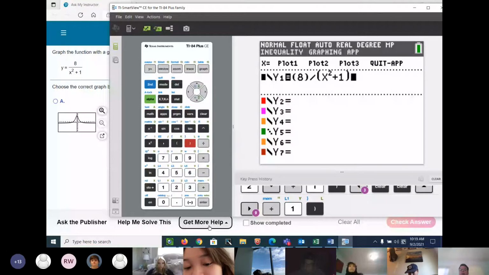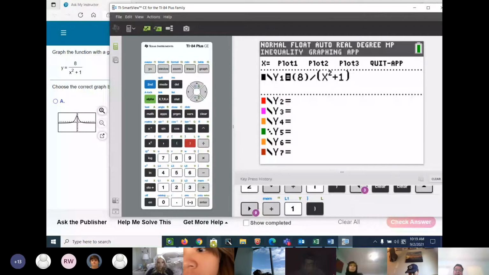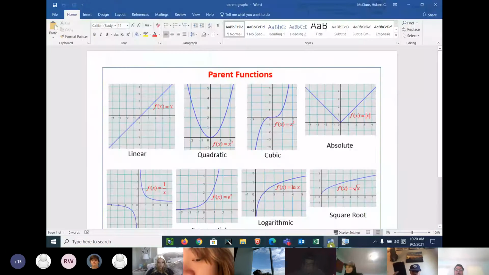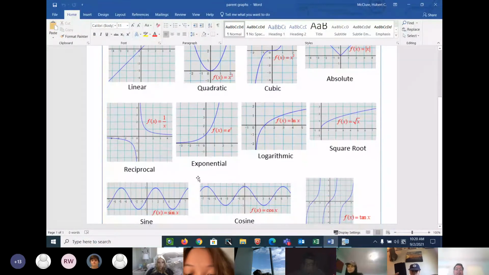Now, I know what this is going to look like because you need to add it to your family of graphs. I don't know if they've got it on there, but I'm pulling it up right now. They've got 1 over x, but they don't have 1 over x squared, so I'm going to show it to you. Add this. There might be 1 or 2 of y'all that's already printed this out.